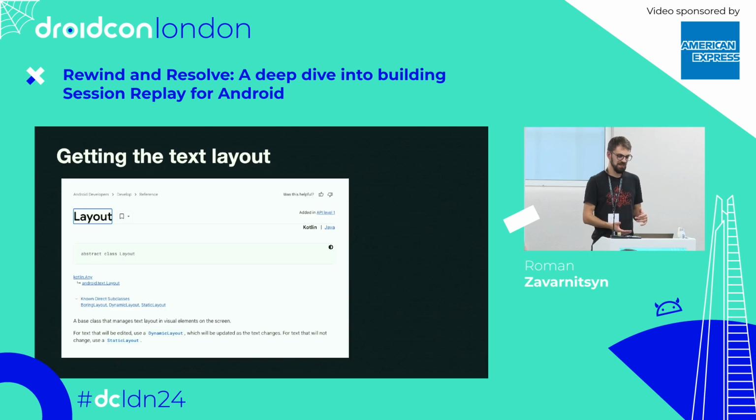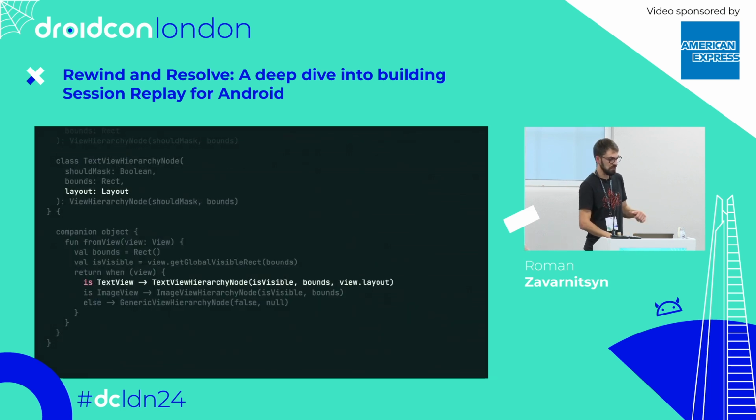It's pretty simple because Android TextView exposes this layout. This layout contains all the info that is necessary to draw text on screen, like the text color, how many lines it has, the line start, line end, and other different things which are useful for us in this case.